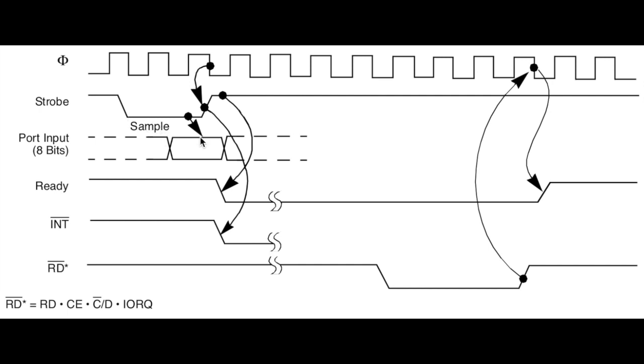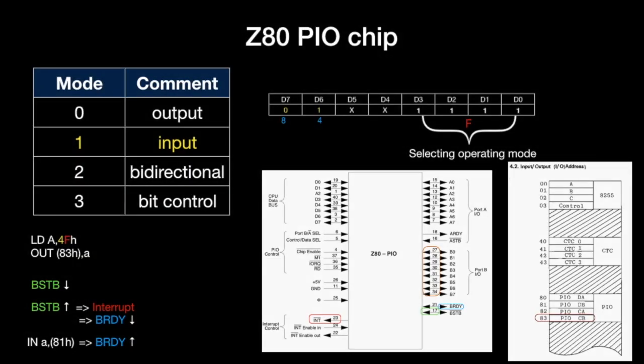The PIO reads the data immediately, and with the rising edge of the strobe, if enabled, an interrupt is sent, and with the falling edge of the clock, the ready line goes to low, and it will stay low until the CPU has read the value. With the rising edge of the read and the next falling edge of the clock, the ready line will be put up again. I think it's time to look at the source code.